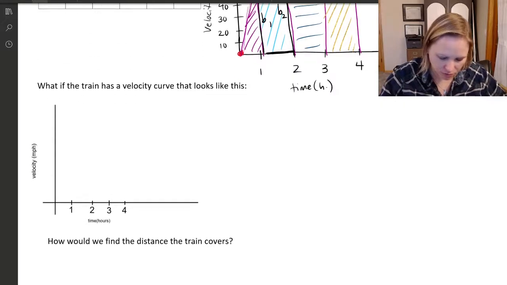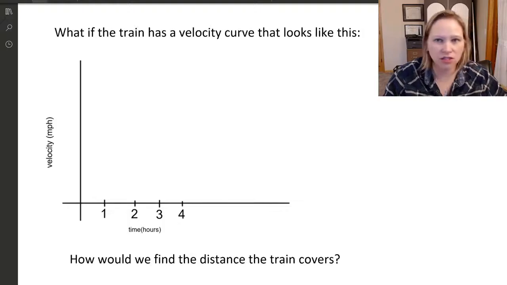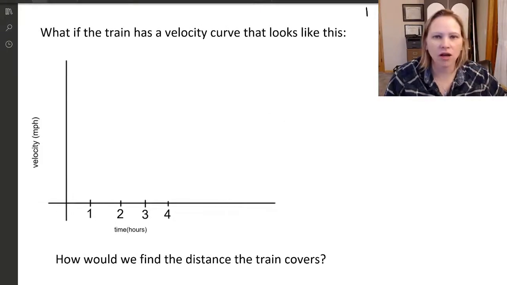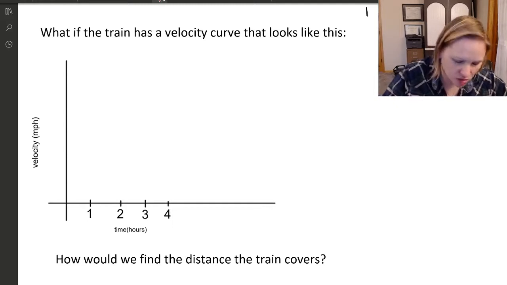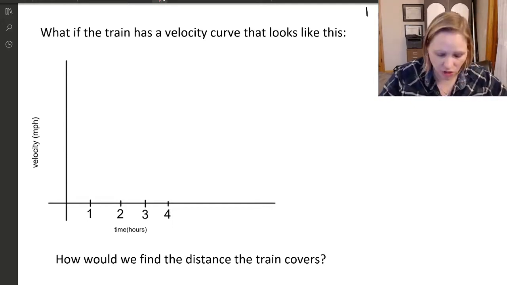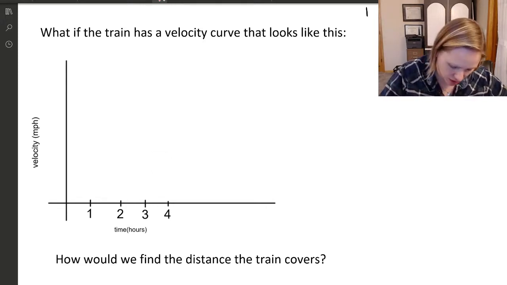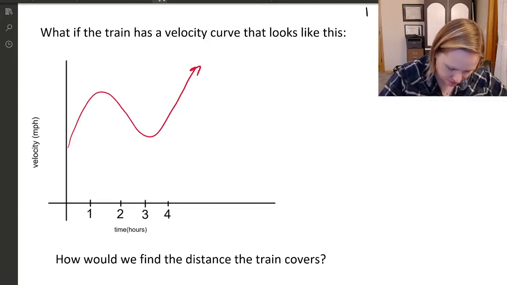But for now, what I want us to understand is that we can partition, that's the word that we're going to see thrown around, we can partition or slice up a curve and use geometric shapes to estimate the total amount of change, or in this case, if it's a velocity curve, the distance we travel. So if you have a velocity that looks like this, you would want to do the same thing.